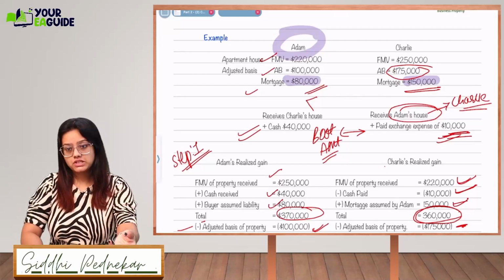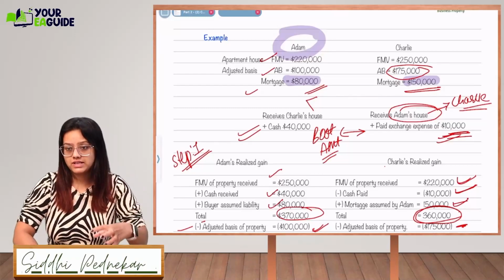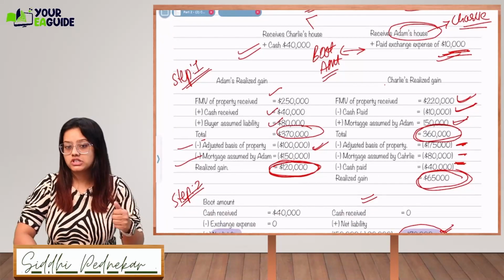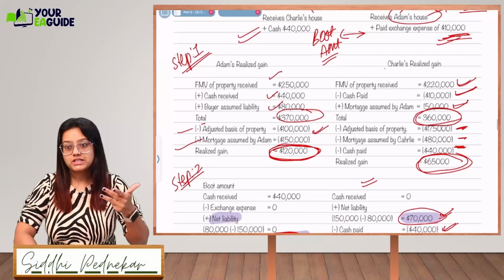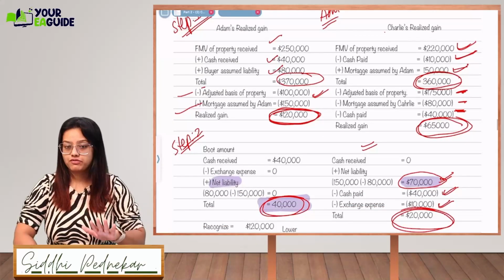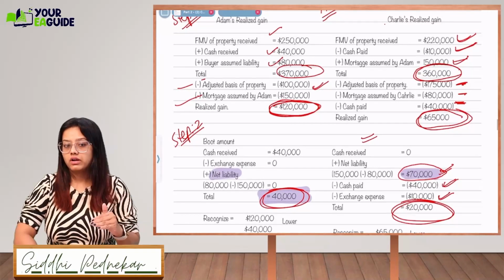If she is transferring some other property to me, how much I am going to make taxable in that transaction will depend on all these things. How much is the FMV, the adjusted basis, what cash is paid, how much exchange expense is paid, and the mortgage assumed by each party. So these 5 things, if you have them on paper, jot them down and apply these steps.